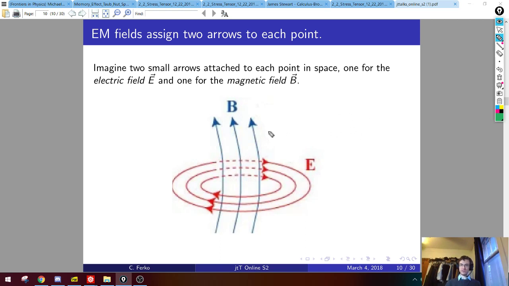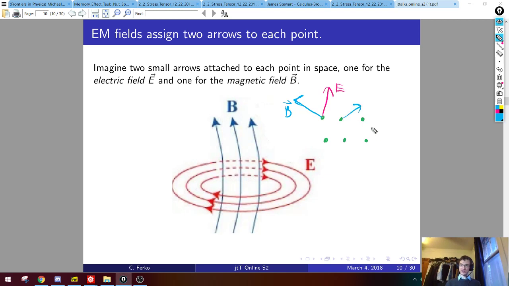So if you just imagine filling all of space, attached to every single point in space, we have two different little arrows that have some direction and some length. One of those arrows is called the electric field, which I write with E, and one of those is called the magnetic field, which is written with B, for reasons which I don't understand, B for magnetic apparently.